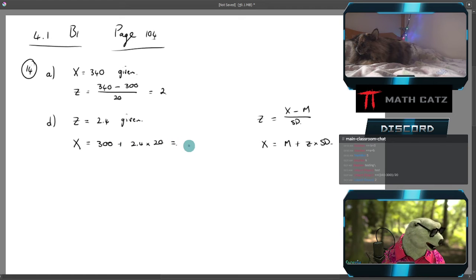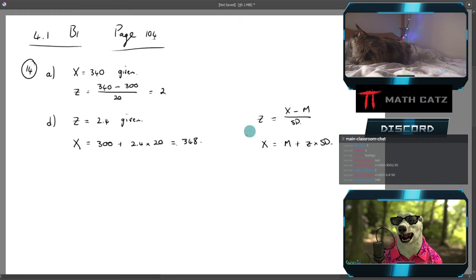Let's put that in the calculator and see what we get. I'm calculating 300 plus 2.4 times 20, and we get 348. Using these formulas, I just remember the first one, and then you can swap things around using basic algebra to find the other one.